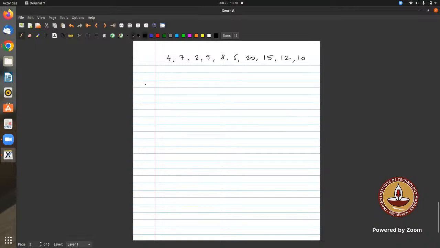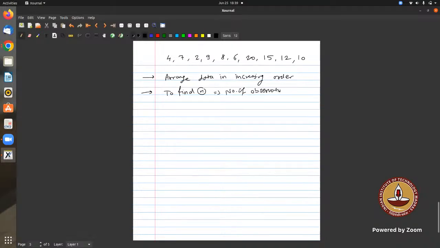Arrange the data in increasing order. This should be my first step. Then the second step is to find n. N is the number of observations in the data set.